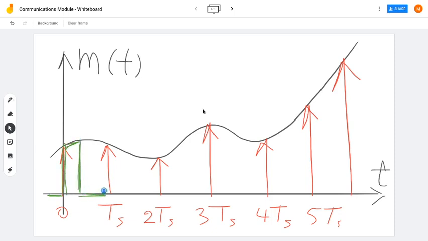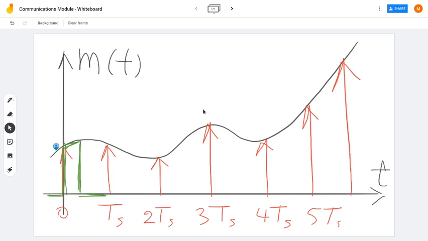As you can see, we are multiplying the message with a pulse, not an impulse. The impulse would ideally have a width of 0, but a pulse has a finite width. And the top part of the pulse is taking the shape of the message m(t). This is called natural sampling.